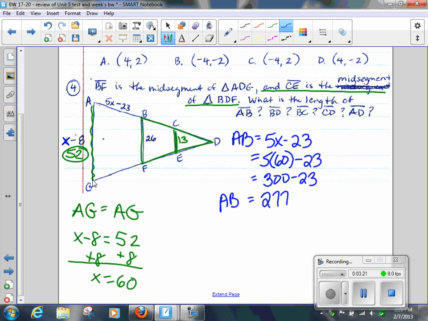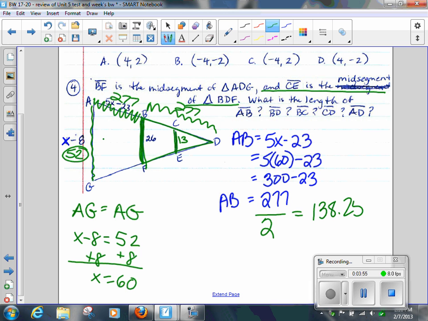So if AB, this piece right here, is 277, and BF is the midsegment, then what does BD have to be? 277. How in the world am I going to figure out BC and CD? I'm going to take 277 and divide it by 2, and that's going to give me 138.25.